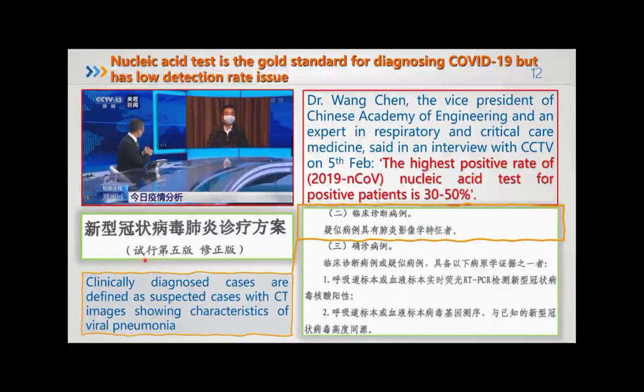Nucleic acid tests, especially the fluorescent PCR, are considered the gold standard for diagnosis of COVID-19. But false negative results are not uncommon.